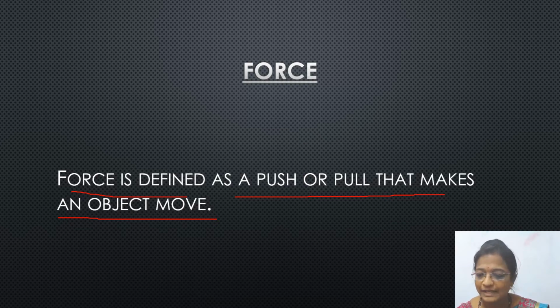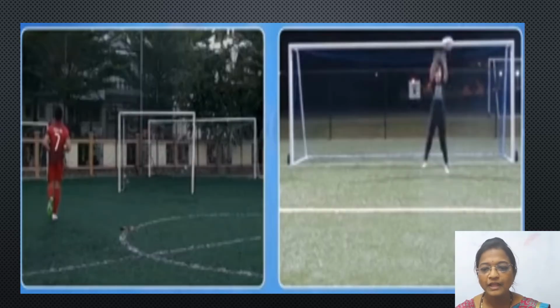Force is applied. Where is it applied? It is applied to put a stationary object into motion, how? By increasing its speed, or to stop a moving object by decreasing its speed. Let me show you. So here you can see a man who is throwing a ball. So here what happened?